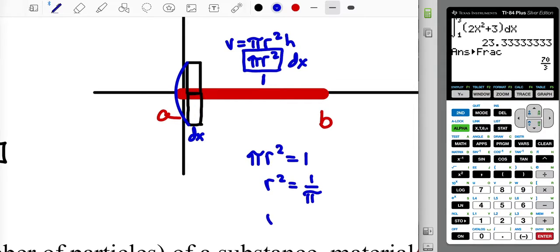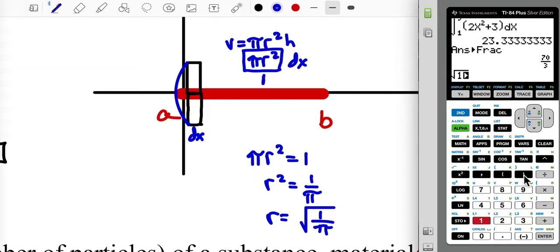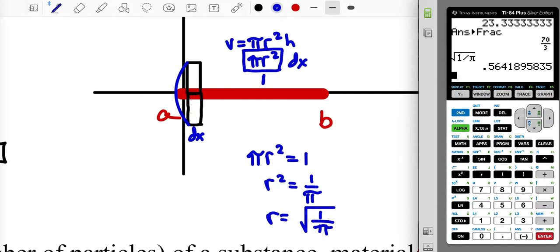So the real assumption here is that we're claiming that some bounded region is revolved around the axis, and that bounded region has a constant radius of the square root of 1 over pi. So very small, about half a unit, a little bit more than half a unit.